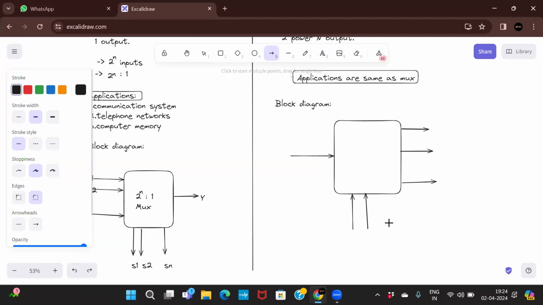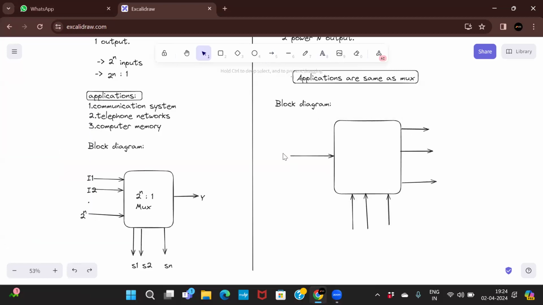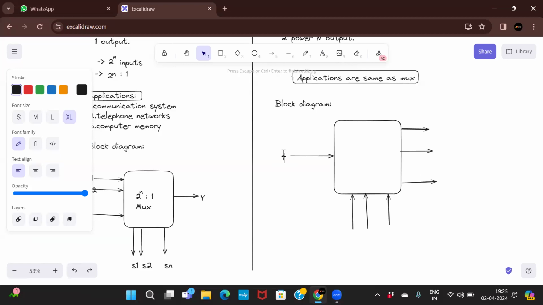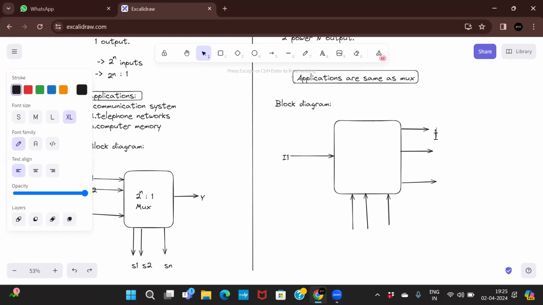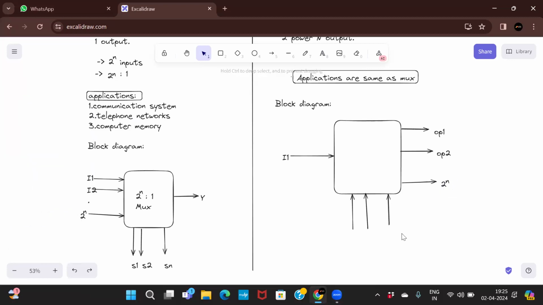Consider the input as A1, with output one, output two.